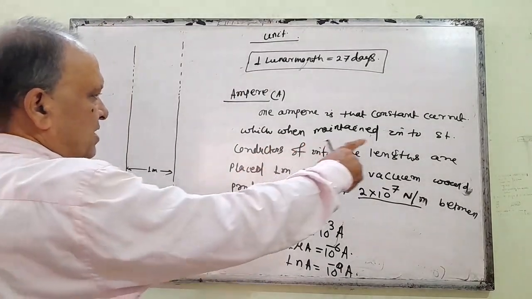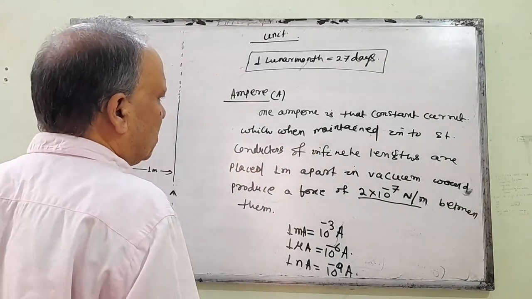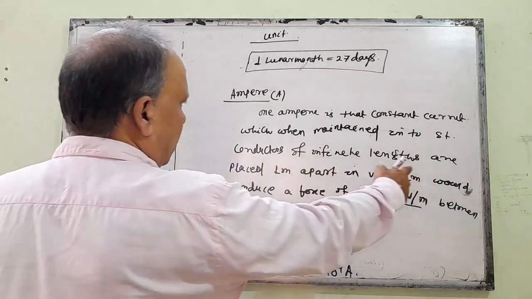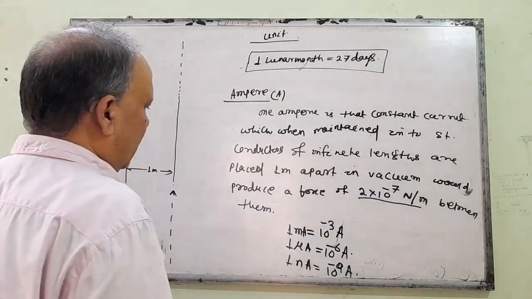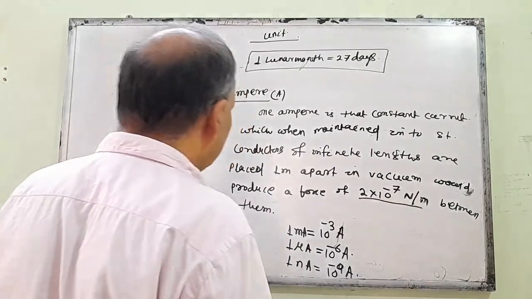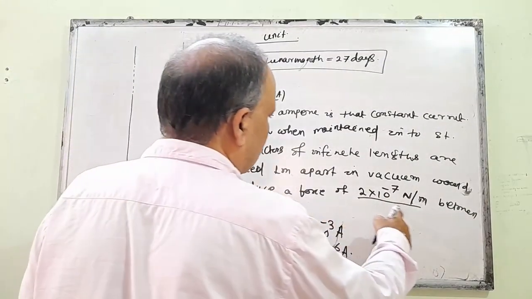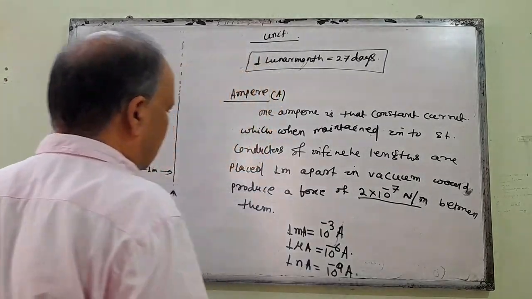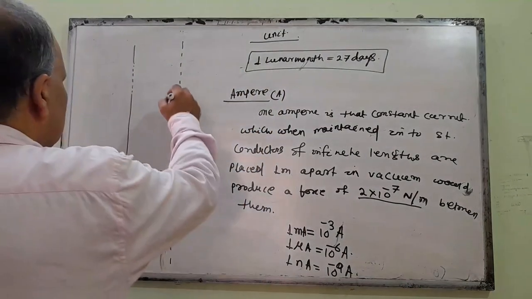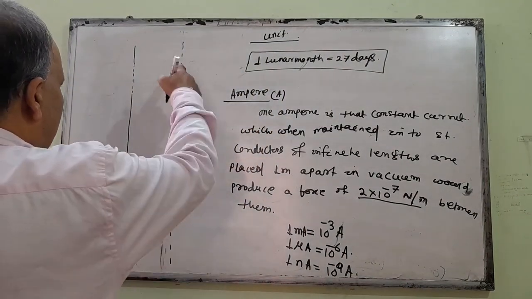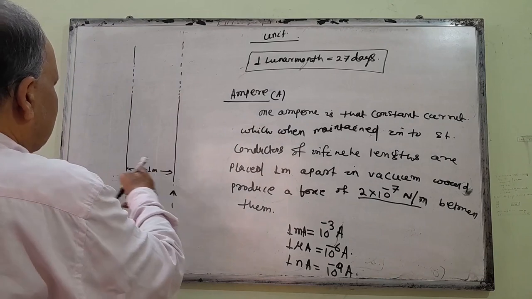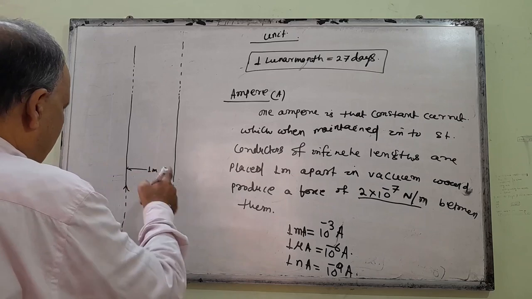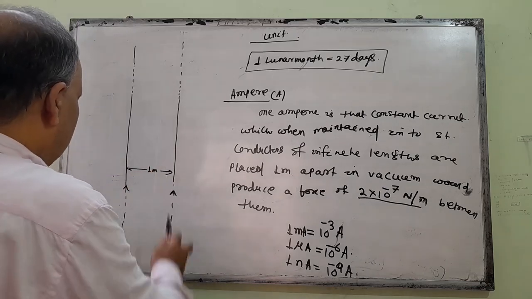So 1 ampere is that constant current which when maintained in two straight conductors of infinite length, placed 1 meter apart in vacuum, would produce a force of 2 into 10 to the power minus 7 Newton per meter between them. Again I am telling you, you take two infinitely long parallel straight conductors kept 1 meter apart in air, and you pass current through them.